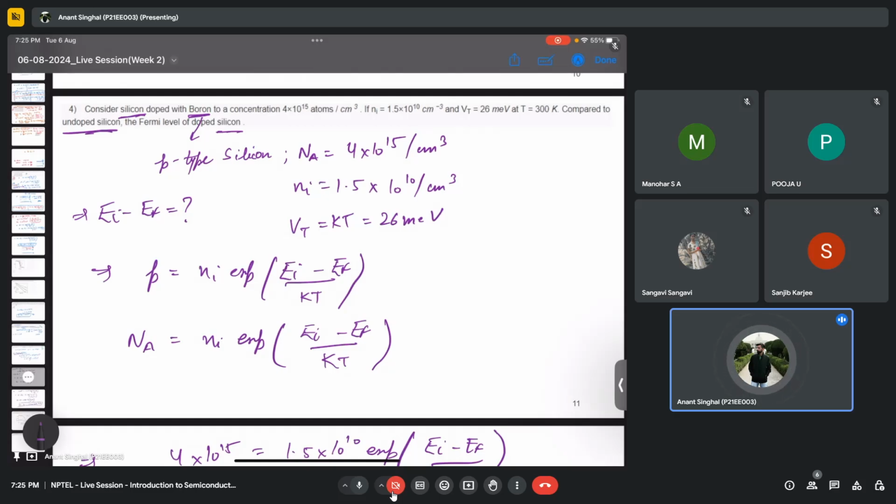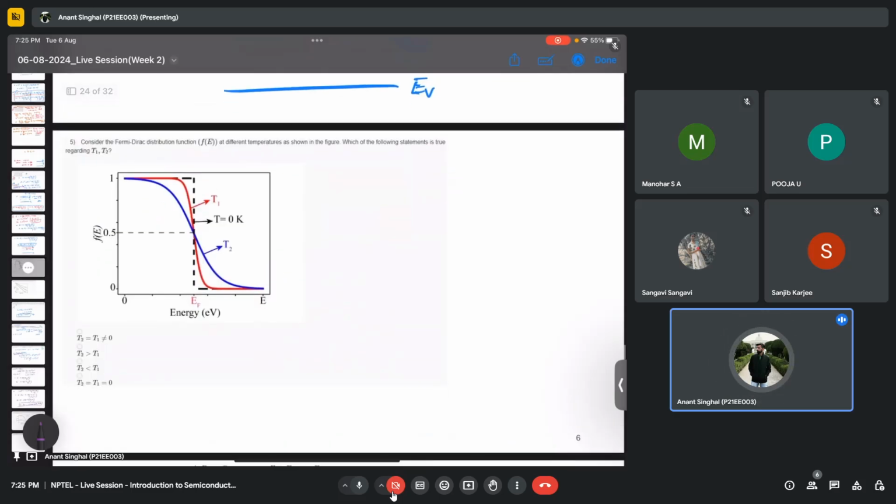So there is a question in between that we have already done. This is again, I guess, given. So you need to tell me which temperature is higher, T1 or T2. We have already solved this, so let me know which option is correct. You can type your answers in the chat box.